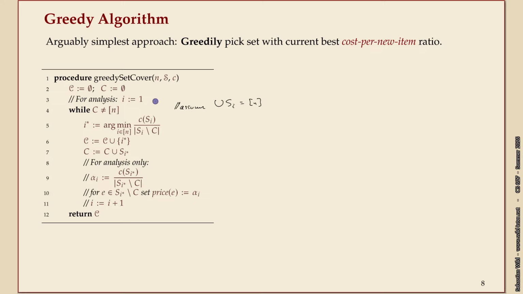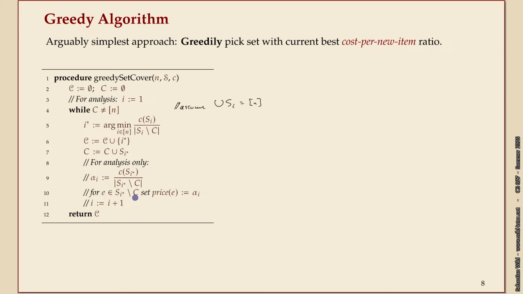There are a few annotations there that are not part of the algorithm, but are useful for the analysis. The while loop is not a for loop with specific iterations, but of course you can speak about the ith iteration, just the way it's run. And we keep track of the price at which we covered certain elements. So alpha i is the cost per new item ratio of the set that we picked in the ith iteration.